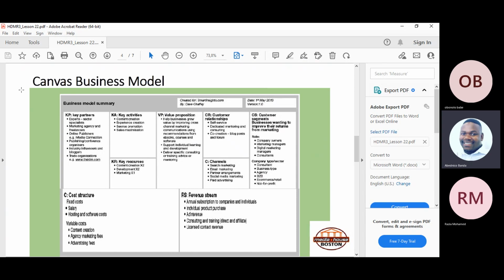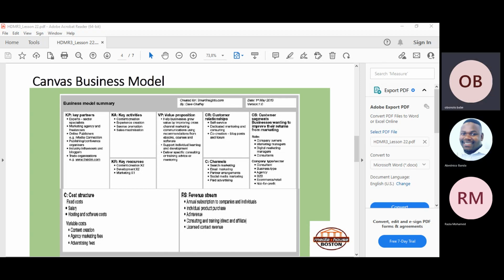Okay. So I brought in the Canvas business model since you are going to be using it. Do you guys have textbooks with you right now? Yes, I do. I'll get mine now, sir. No, I was following with you on Call Campus.